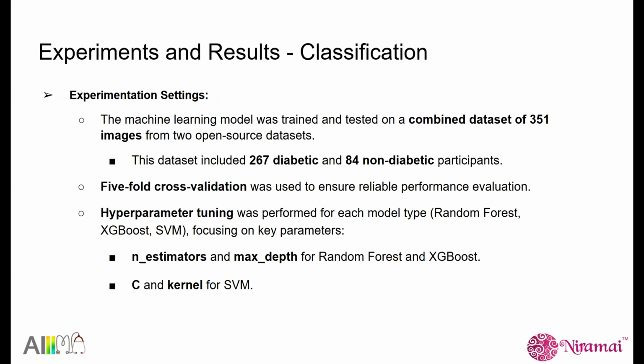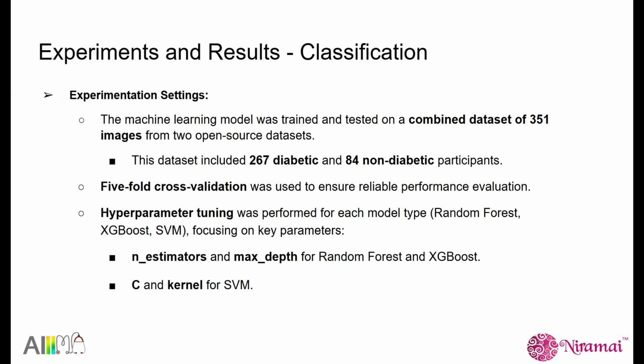Once we obtain this segmented region, we identify the features, which are the thermal radiomics features, for our combined dataset. So for the classification task, we have trained the machine learning model on a combined dataset from the Plantar and the STAND-UP datasets, which has around 351 images.